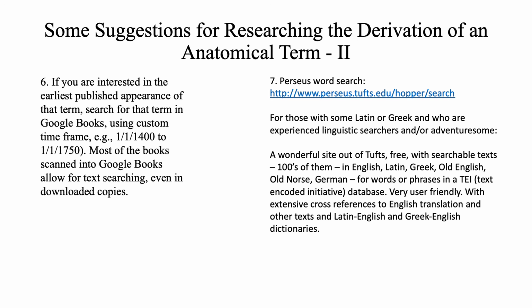You can search for that word and then anytime you get to a page that has the text of, say, a Ciceronian text or Horace, the poet, you can then look at any word and use that word because of Text Encoding Initiative. Each word is a link, and that will take you to another page with either more words in that usage, or to a Latin English or a Greek English dictionary.